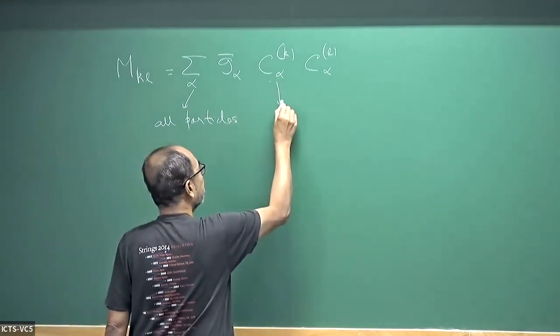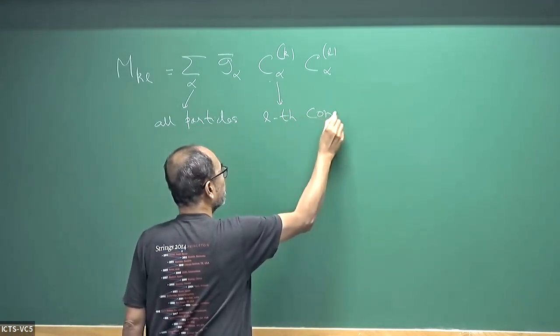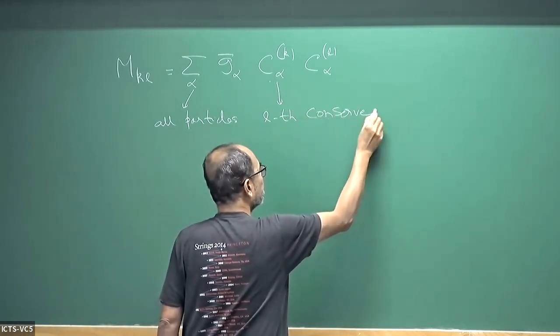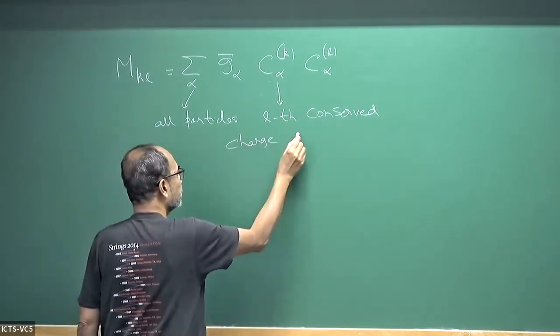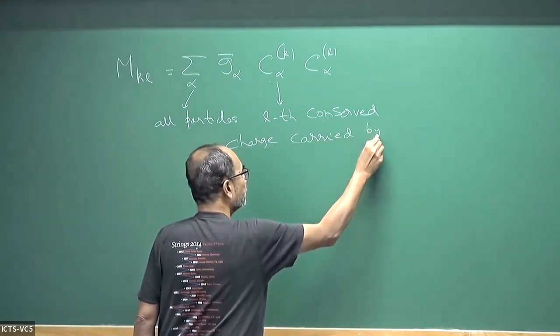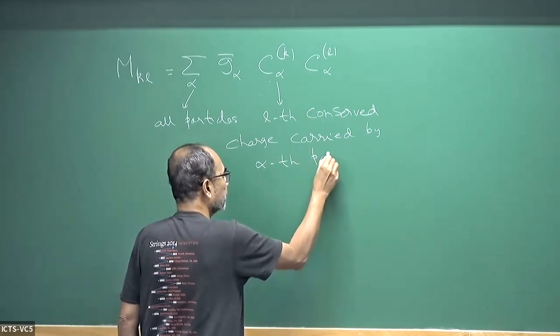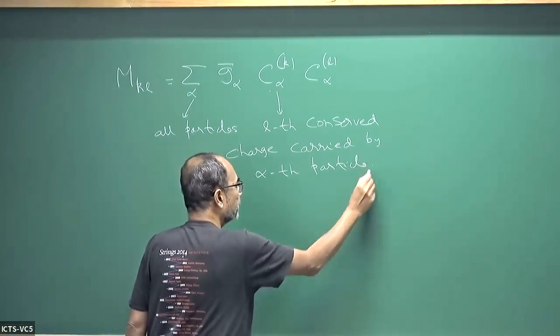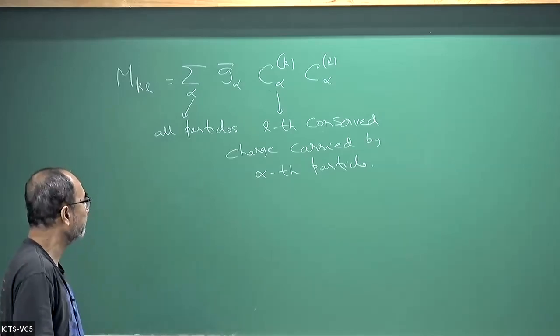This gives the nth conserved charge carried by the alpha-th particle. Its antiparticle carries the opposite charge, so we don't have to write it separately.